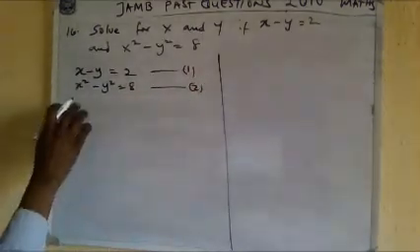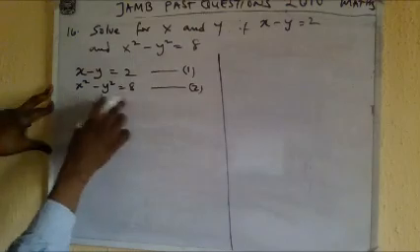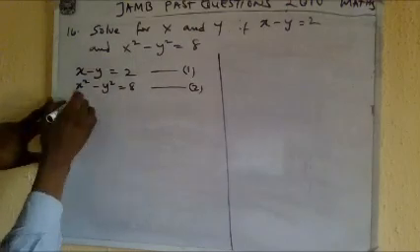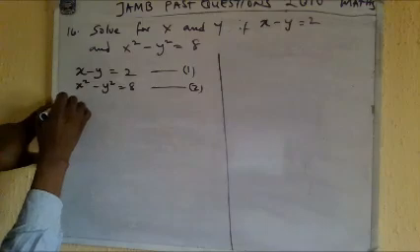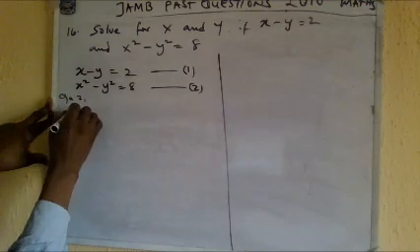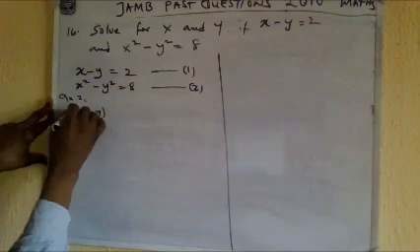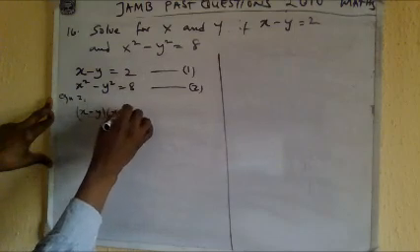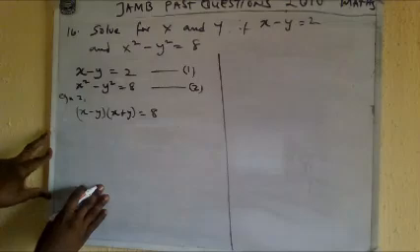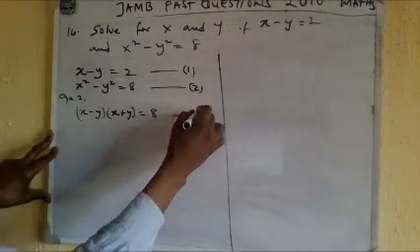Meanwhile, equation 2 can be simplified with difference of two squares. So equation 2 becomes x minus y, x plus y is equal to 8. Let me call this equation 3 because it transformed.